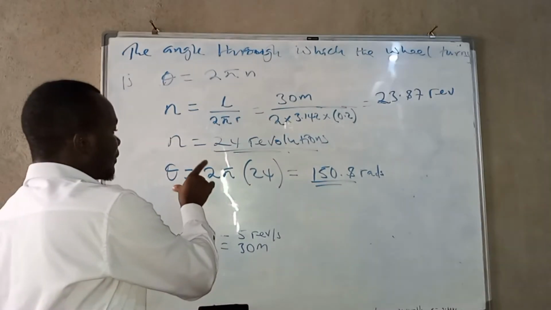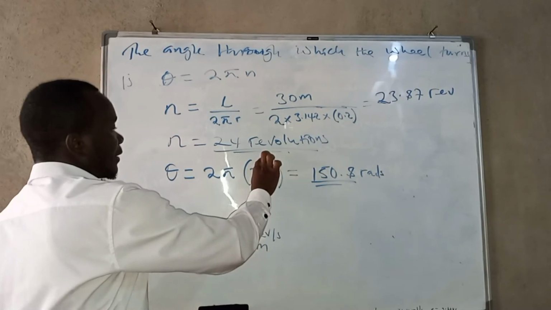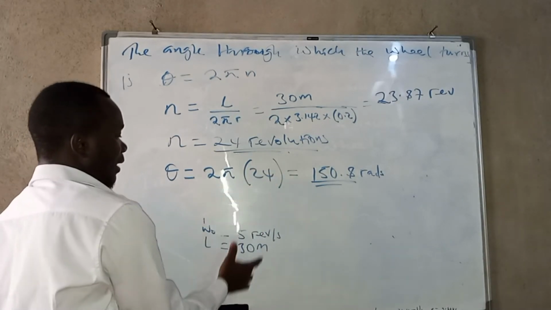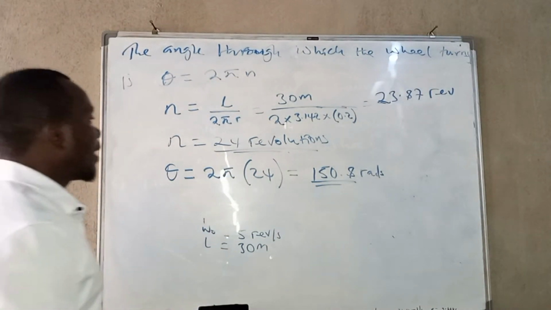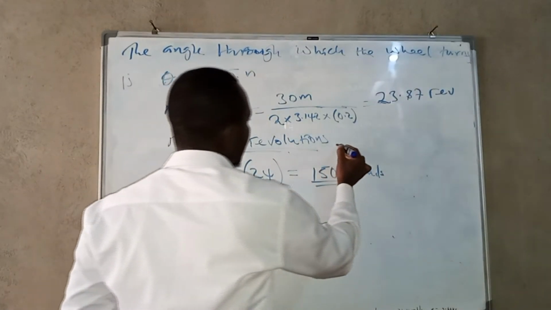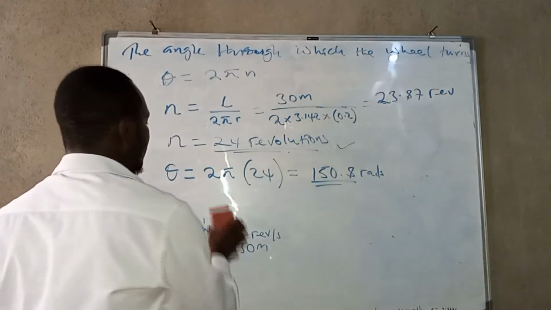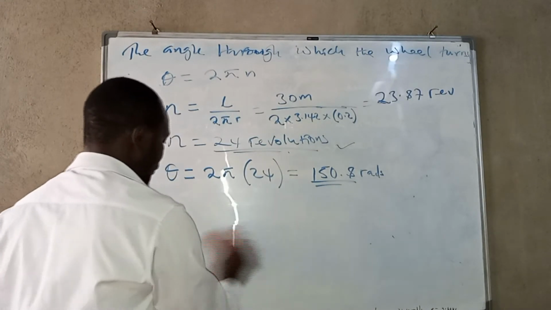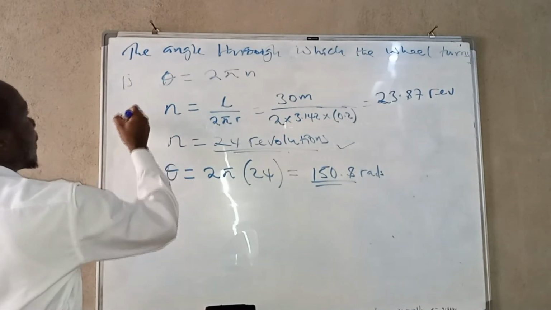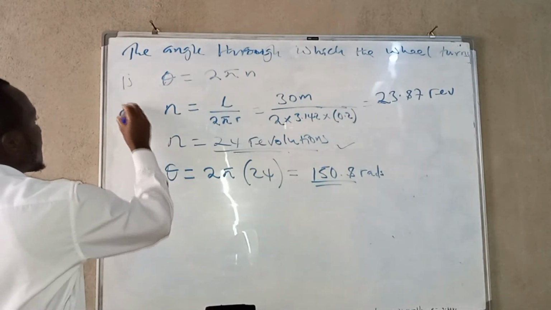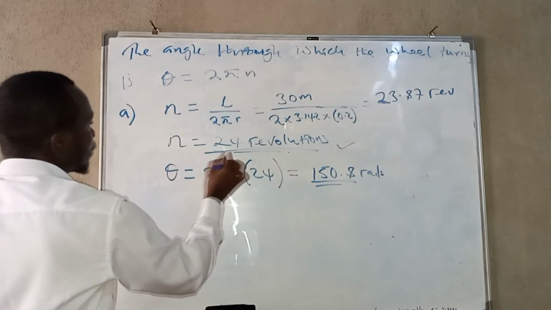This one is the angle in terms of radians, which is covered when this length of hammer mill belt is covered. So the number of revolutions or the number of turns is 24 revolutions. So this is part A.